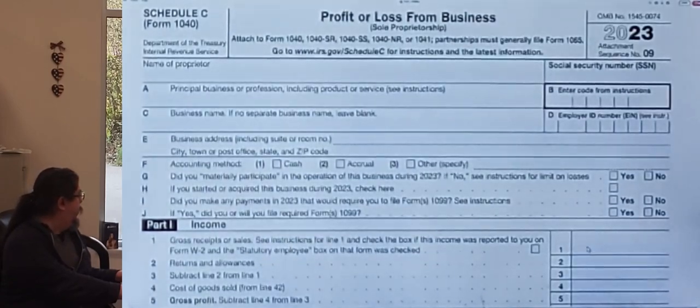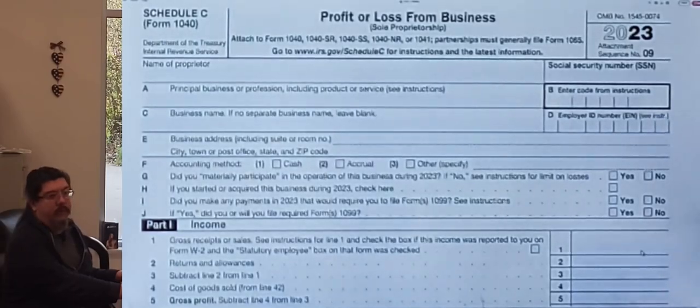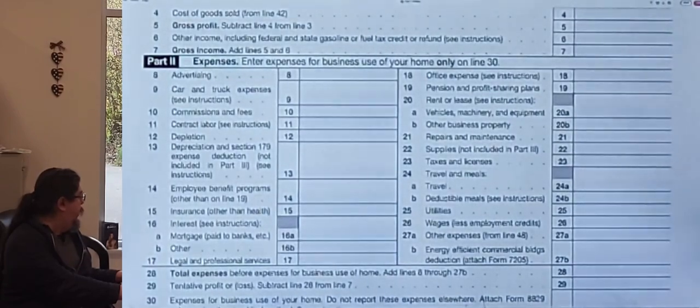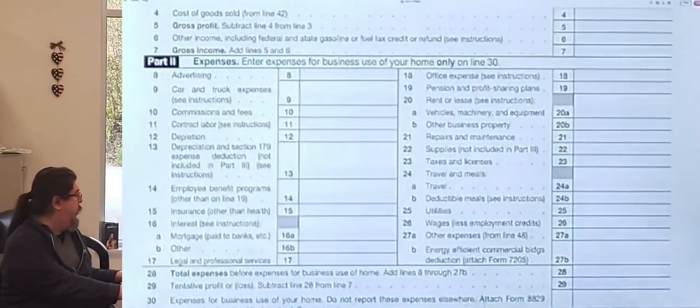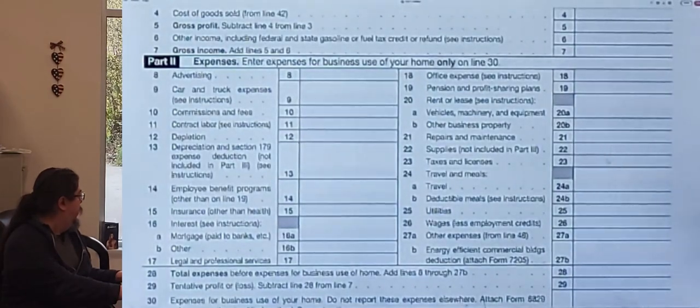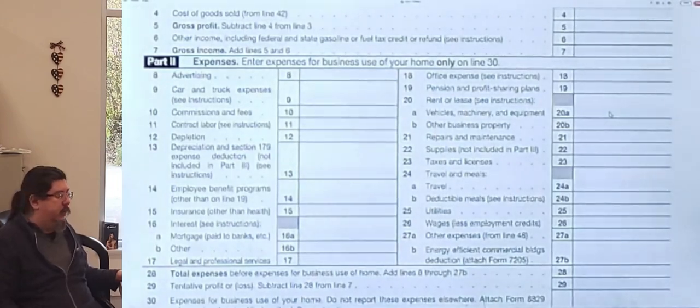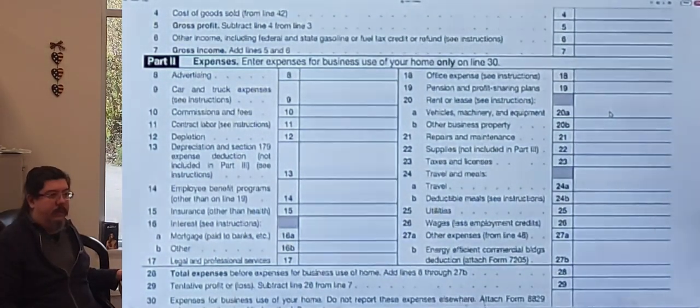Whatever is on his W-2, he'll put in as gross receipts from business, and then he'll be able to list his expenses wherever it belongs, whether it be supplies or travel. So he gets that deduction for income tax purposes.